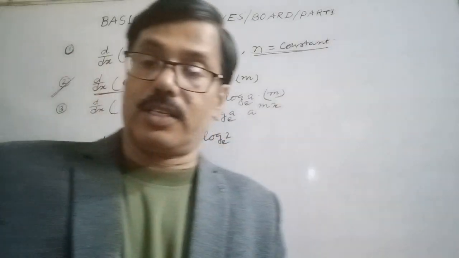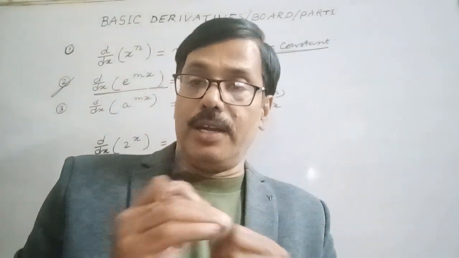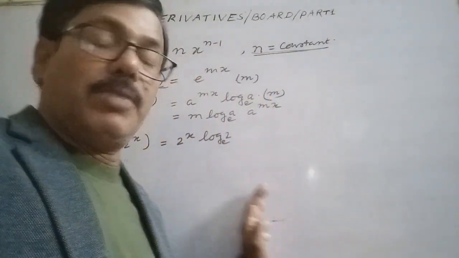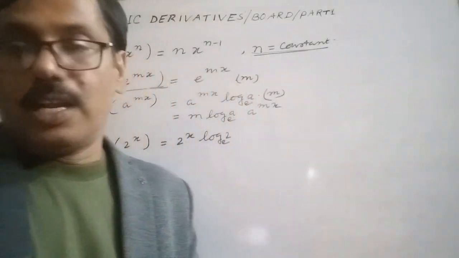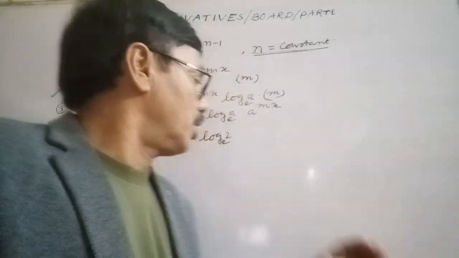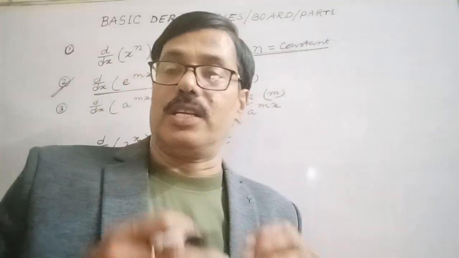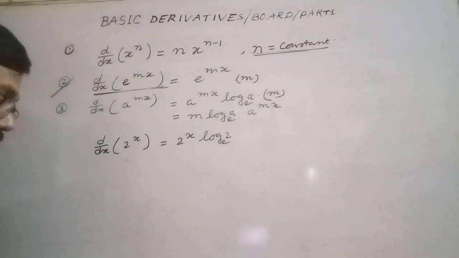I have already discussed that in mathematics, when we write log, we consider the base as e. ln is always base e, but in mathematics, if it is log, we suppose the base is e. Otherwise, the base will be stated.